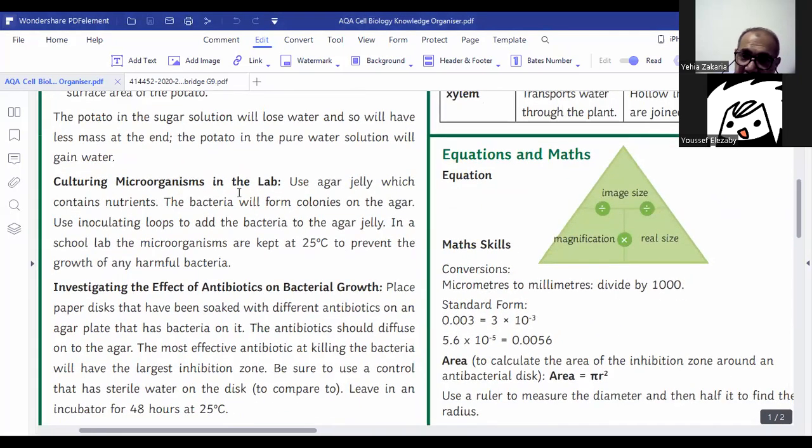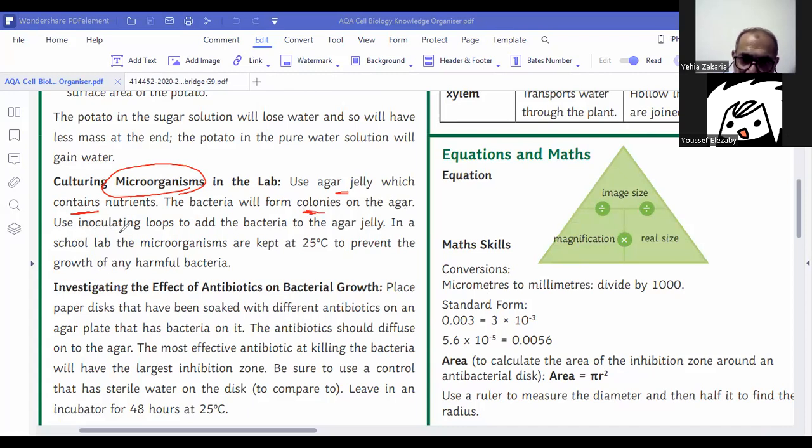For culturing microorganisms in the lab, we use agar jelly, which contains nutrients. This is agar jelly, which is a nutritive medium. We put the microorganism on it to grow and multiply. The bacteria will form colonies on the agar.